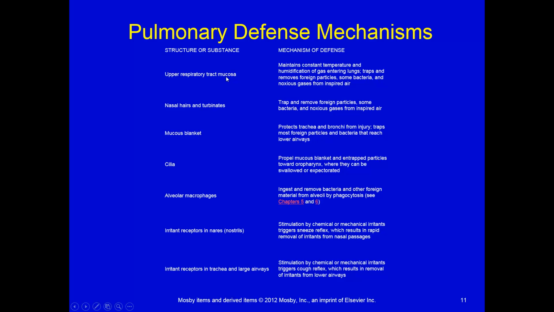Okay, so upper respiratory tract mucosa. We know it's the upper respiratory tract mucosa that maintains a constant temperature and humidifies a lot of the air and gas coming into our pulmonary system. It also works at trapping and removing a lot of those foreign particles. The other ones I want to bring your attention to are the little nasal hairs and turbinates within the nose, and the nasopharynx, again good for trapping and removing foreign particles.